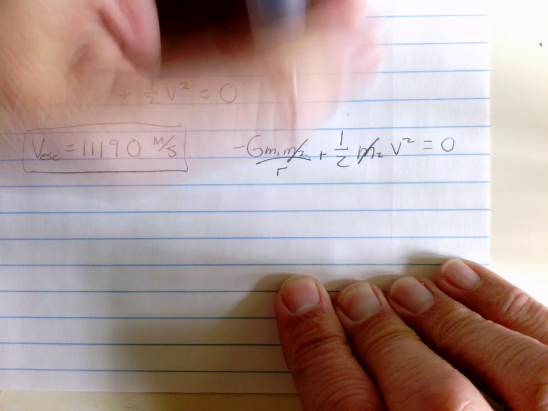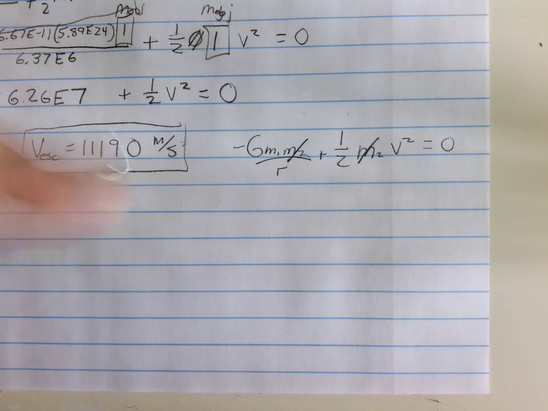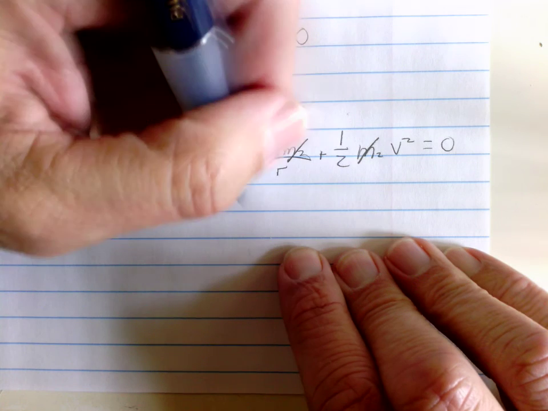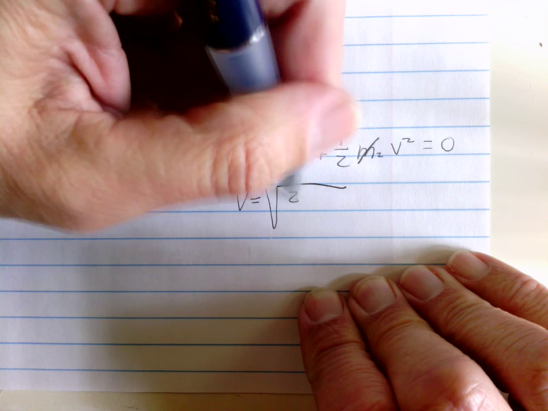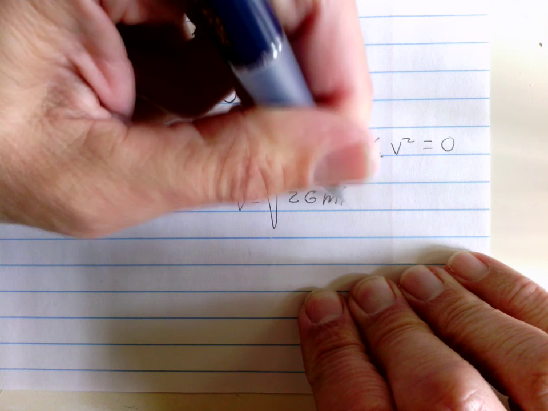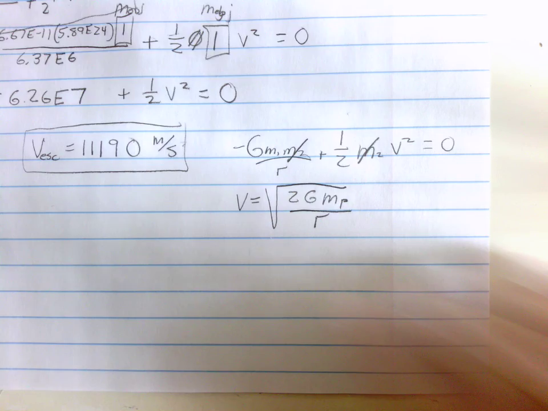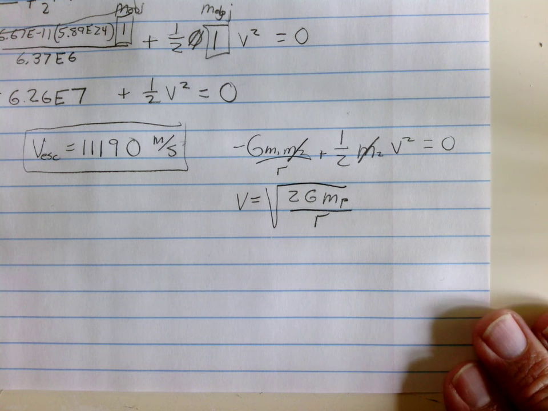The mass of the object, again, I can cancel out. And the velocity will end up being equal to the square root of 2 G m1 over r. And m1 is the planet, and r is the distance from the planet where you start. So that will always give you that escape velocity.